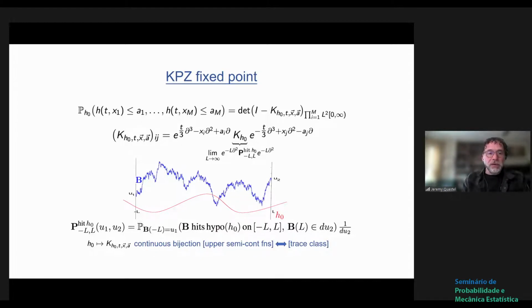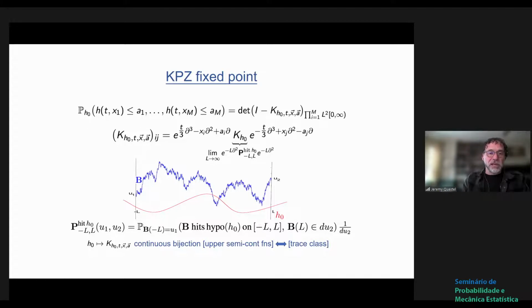So anyway, the way that the K depends on T's and X's and A's is a kind of trivial thing. You just solve some linear differential equations, which is written here as e to the t over 3 d cubed. So that just means solve the Airy equation, or e to the x d squared. That means solve the heat equation.